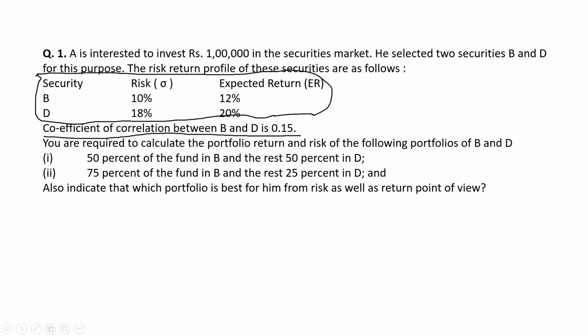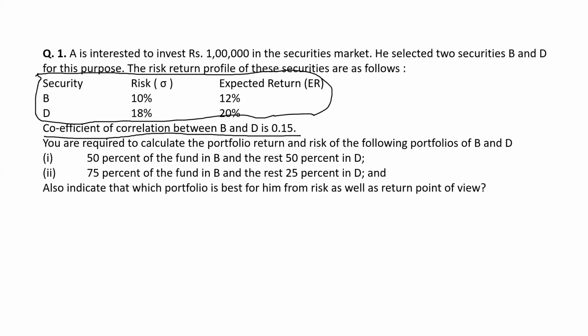Correct. Because standard deviation is also given and returns are also given. So we can calculate coefficient of variation, which is standard deviation upon return, for both the portfolios, portfolio 1 and portfolio 2. All right. So steps are clear.